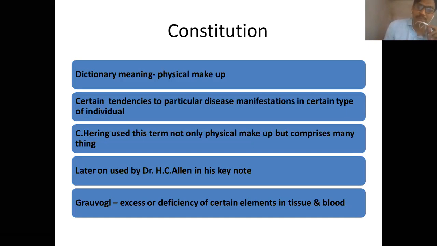Not merely should it be used in this limited sense of physical appearance or physical makeup, but they have started using this term with respect to these tendencies of particular diseases in certain individuals.